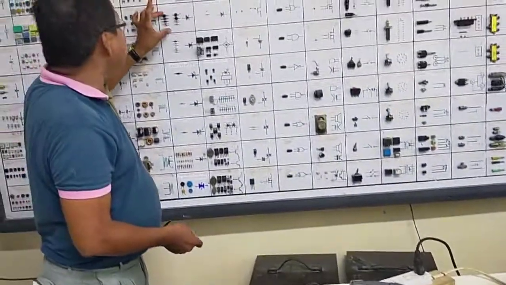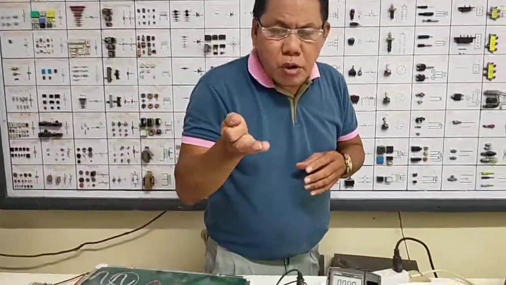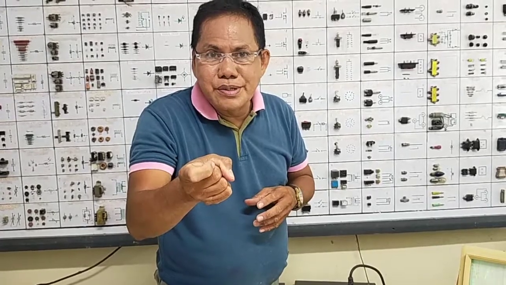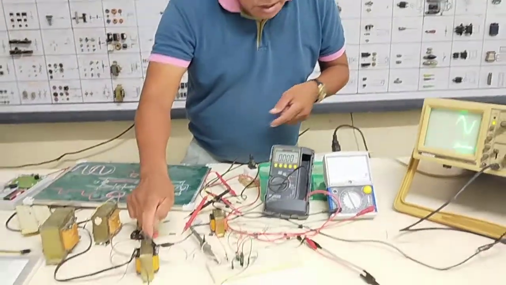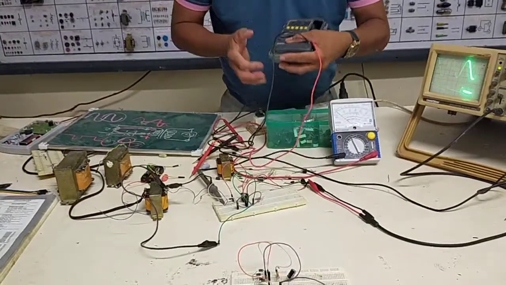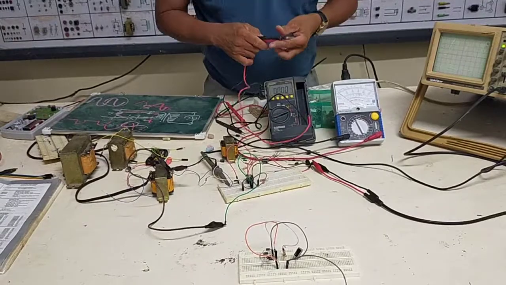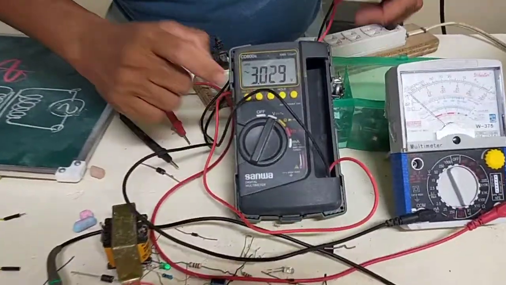So, with a regulator, the Zener diode will always provide a constant DC output voltage, despite the variation at the input. Because the voltage at the outlet is prone to variation.